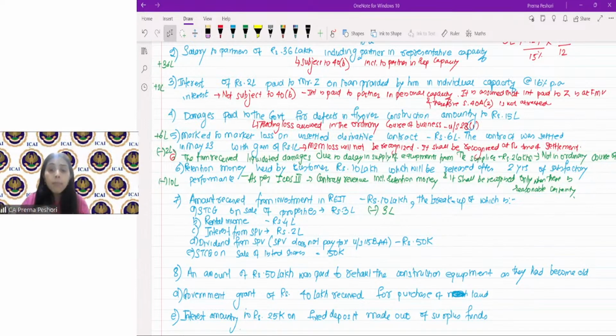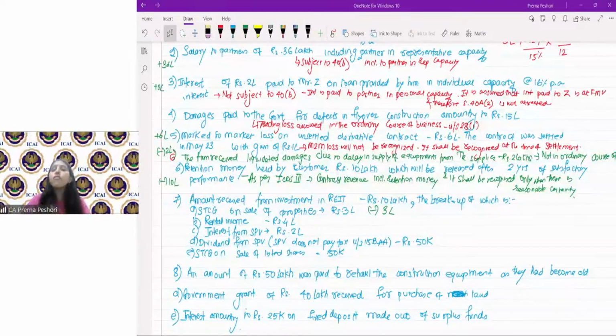That the income in the hands of the unit holder would have the same characterization as it had in the hands of the REIT. The nature of income will not alter. Are we getting that? Because the REIT is a pass-through entity.